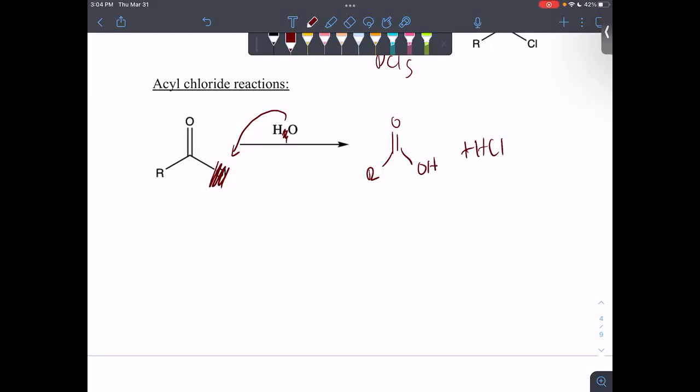Another thing you can do with acid chlorides, which does show up on exam 3, is a Friedel-Crafts acylation.